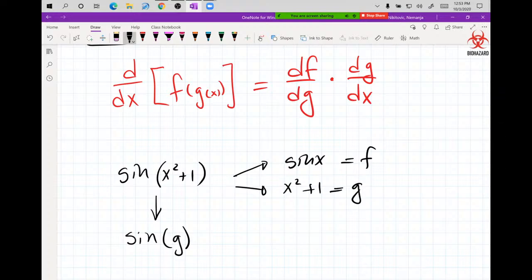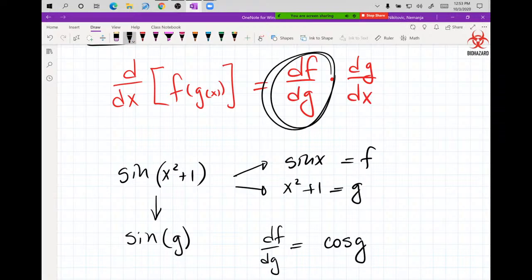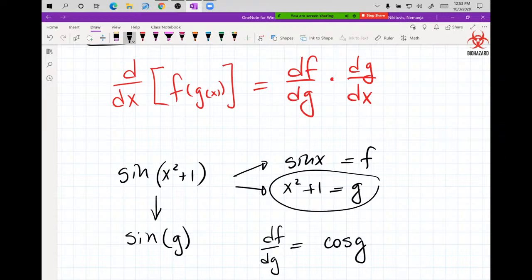If I do that substitution, instead of x squared plus 1, I put a single letter g, then all of a sudden df dg makes a lot of sense because that's just cosine g, right? Derivative of sine is cosine. So then this part here makes sense because we just use the substitution.